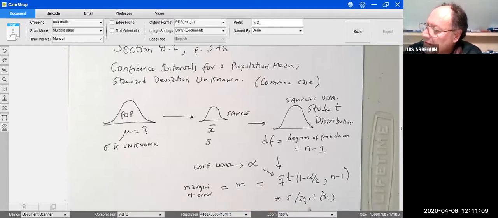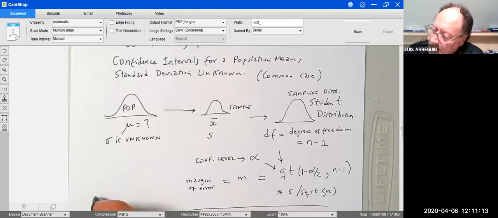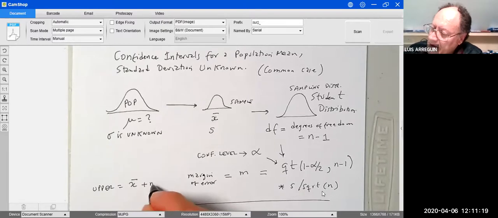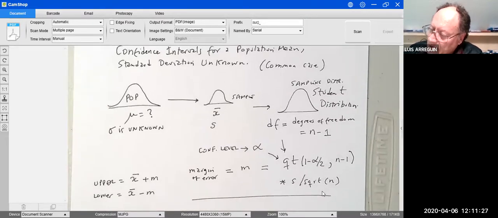And once you have the margin of error, you just need to provide the upper value, which is x bar plus the margin of error, and your lower value is x bar minus the margin of error. So at the end, you're going to be able to provide again a confidence interval in this way.